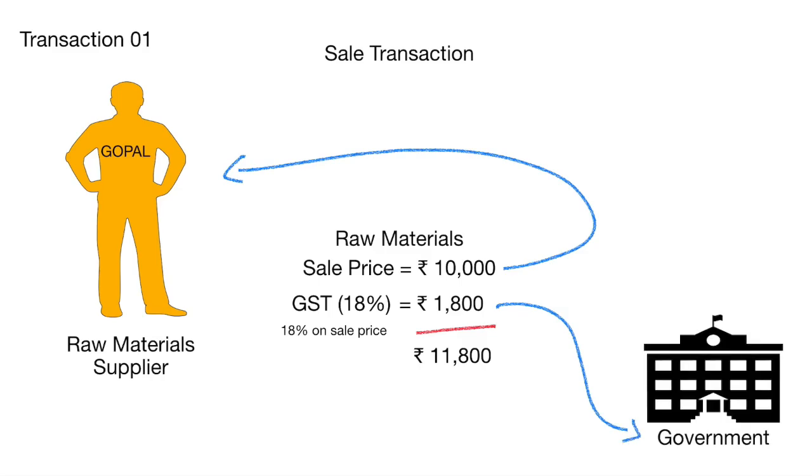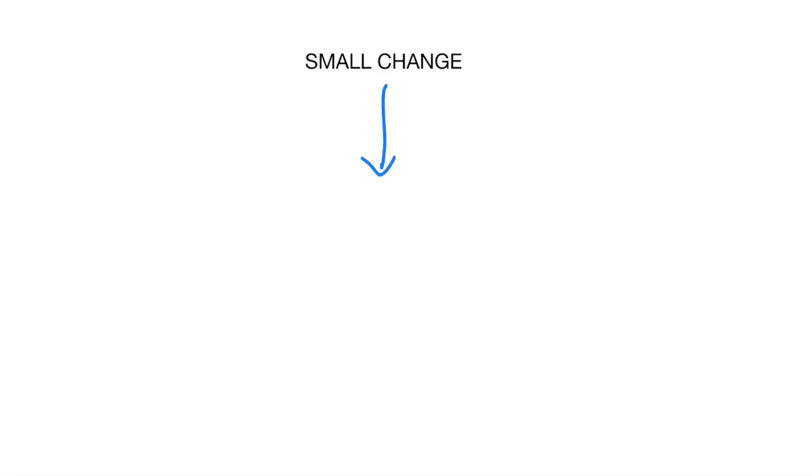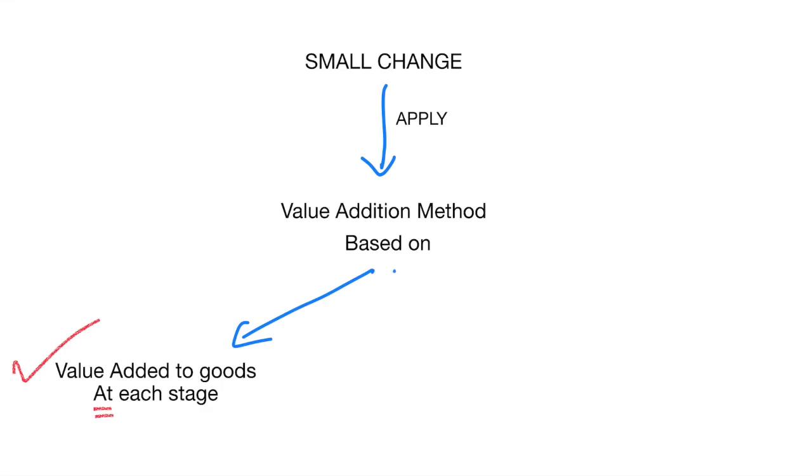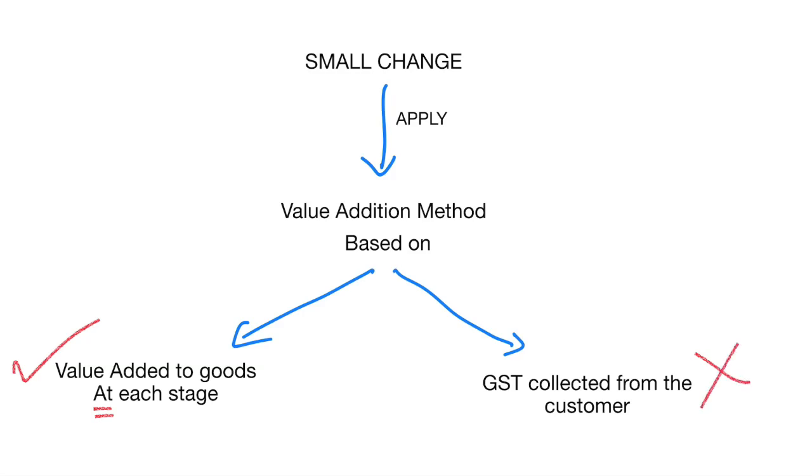Correct. Okay. The small change that we are going to make is that, in this method, we will calculate the amount of GST that is to be paid to the government on the basis of value addition method, that is nothing but the value added to the goods at each stage, and not on the basis of GST collected from the customer. So that way, according to this method, the GST in this transaction will be calculated on the value addition done at this stage.